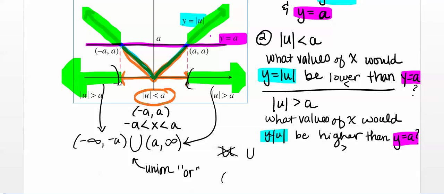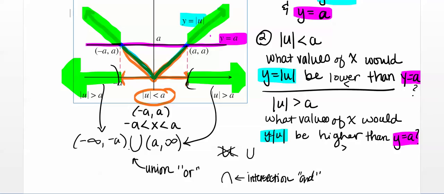There's another symbol that's the upside down version, that's the intersection symbol, which is another way of saying and. These are set notation symbols. So think of this like a set, and I'm saying the union of these two, or the word or. Okay?